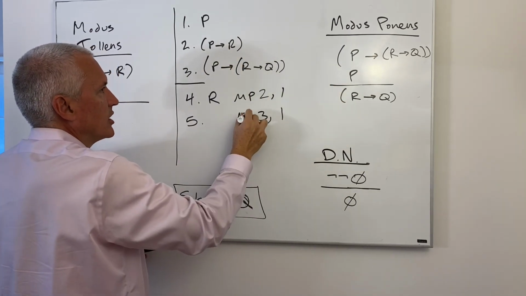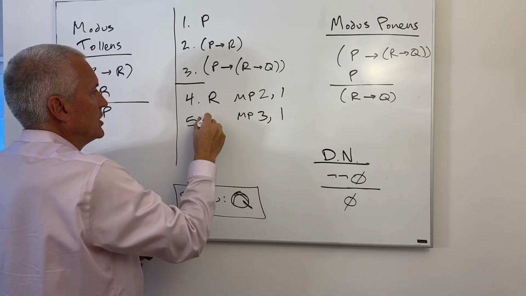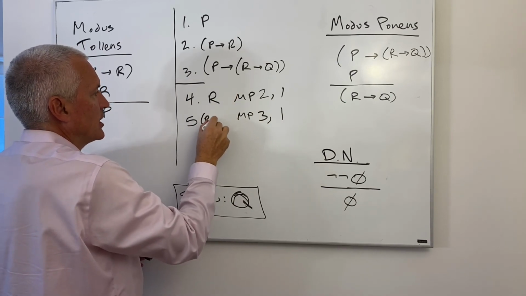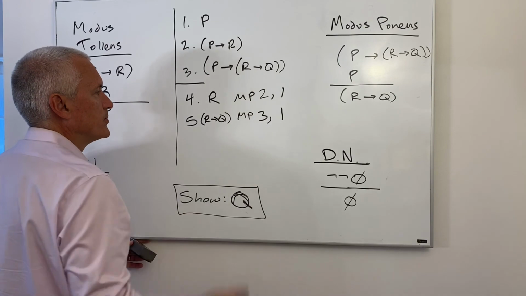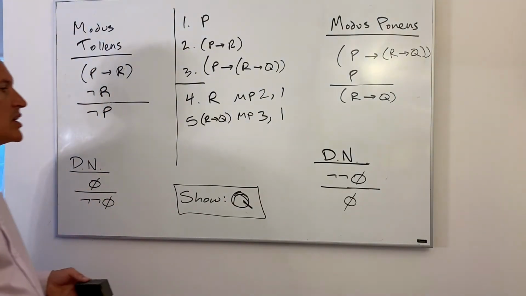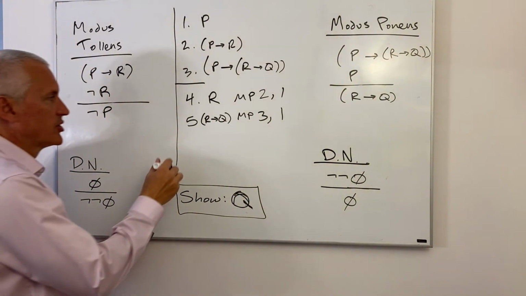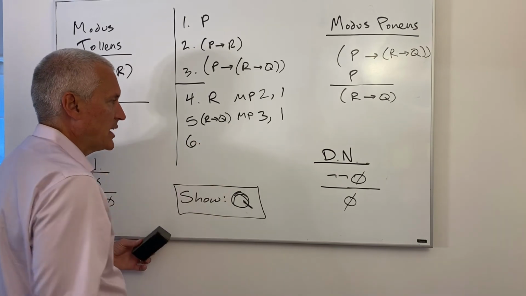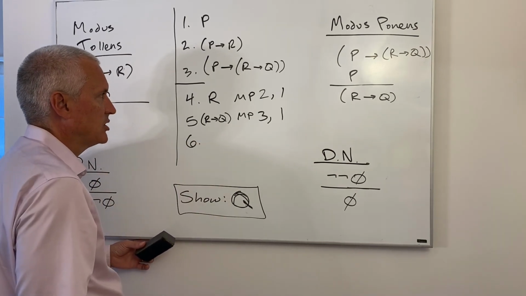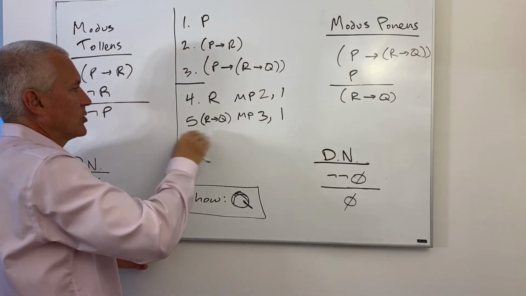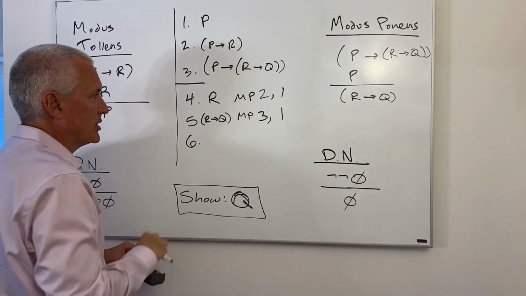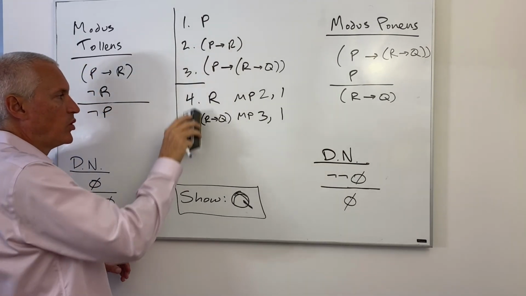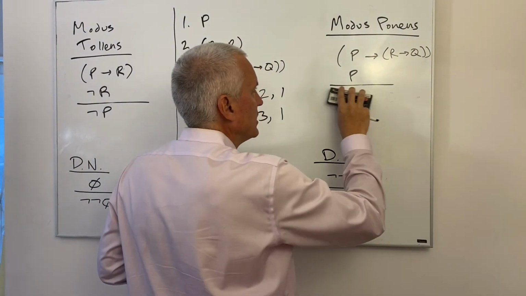So modus ponens tells me anytime I want to, I can write down R arrow Q. Interesting, might be useful to me, but I wanted to find Q, so I'm not done yet. I won't be done until I find Q. I got a lot of things to work with here, but 4 and 5 are really sticking out to me.